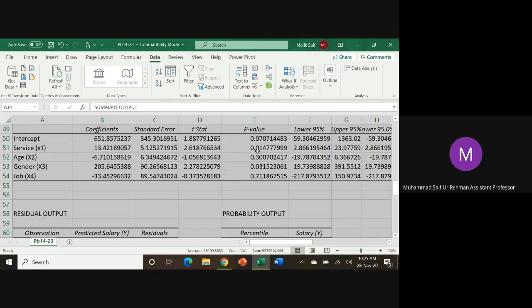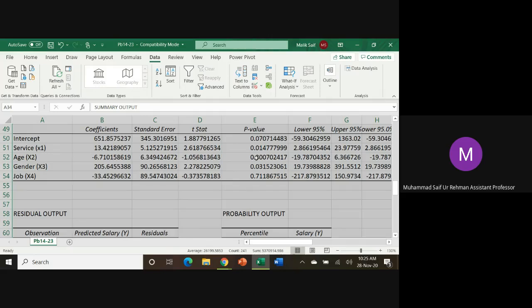So what will you do? You are going to reject H naught. Rejection of H naught will mean that beta 1 is not equal to 0. Once you have confirmed that beta 1 is not equal to 0, it means that in case of population, service affects salary. Okay, whatever is true in case of sample, that is also true in case of population.